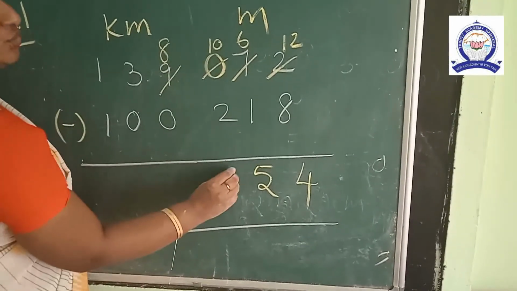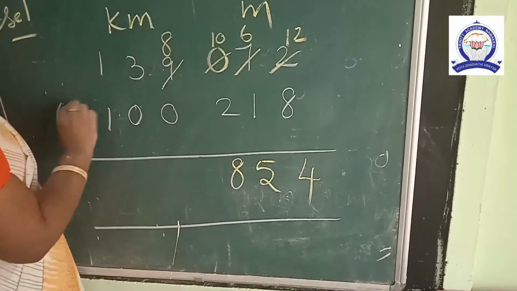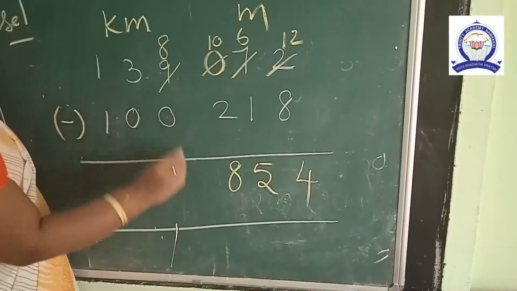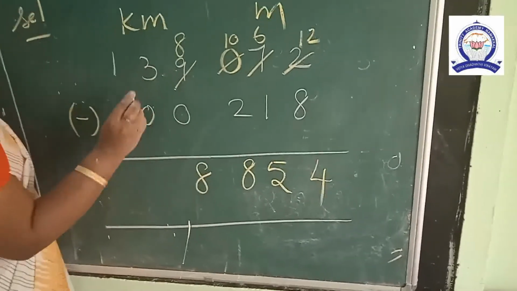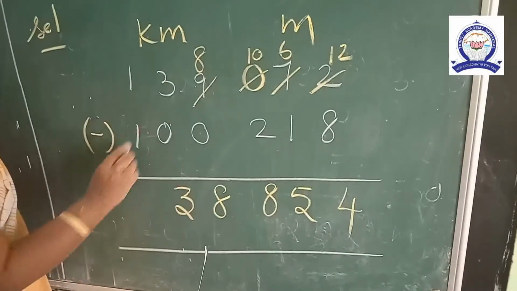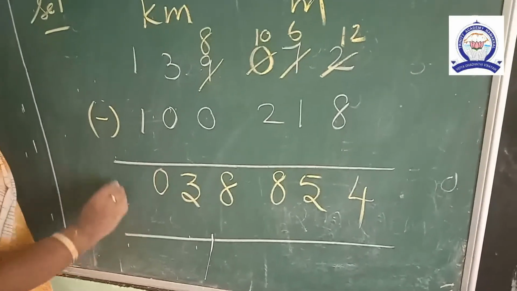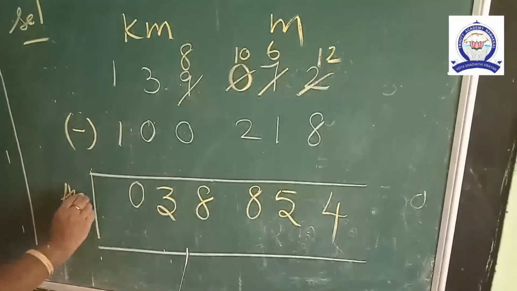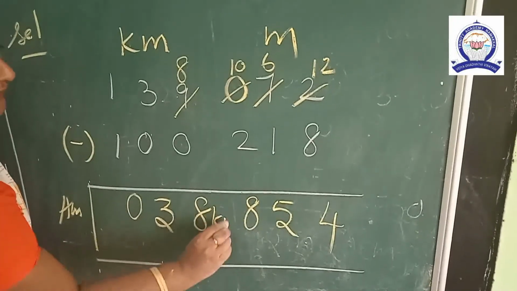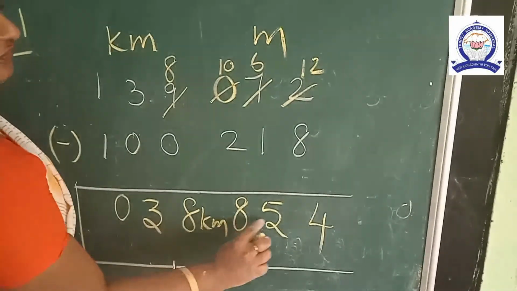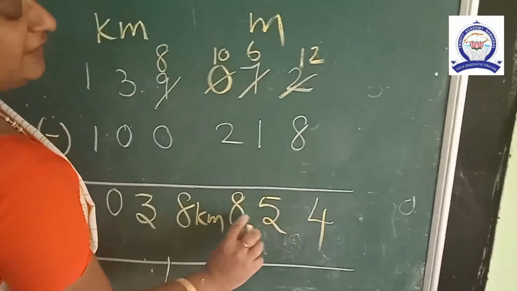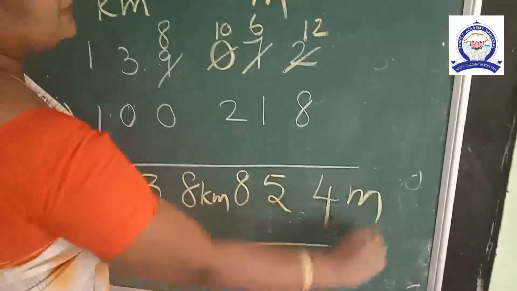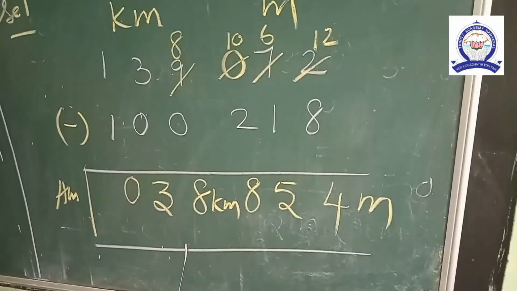So 10 minus 2 is 8. 8 minus 0 is 8. 3 minus 0 is 3. 1 minus 1 is 0. So your answer is 38 kilometer 554 meter. This is your answer.